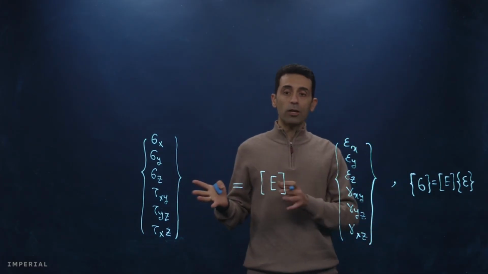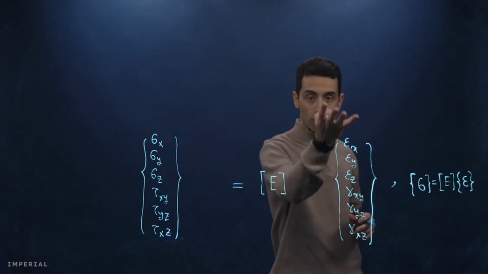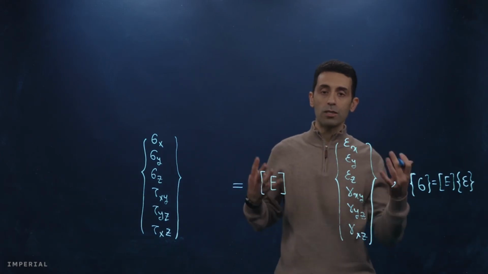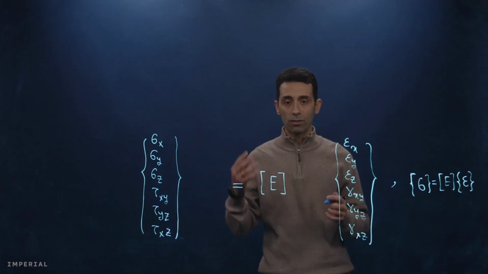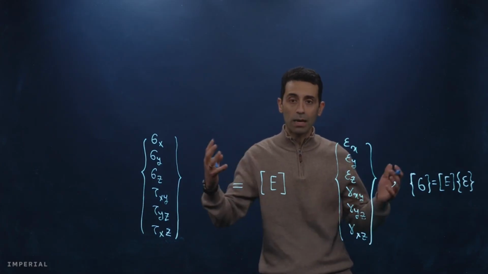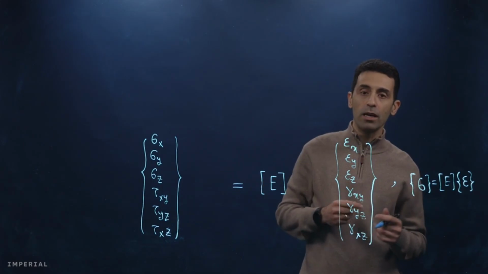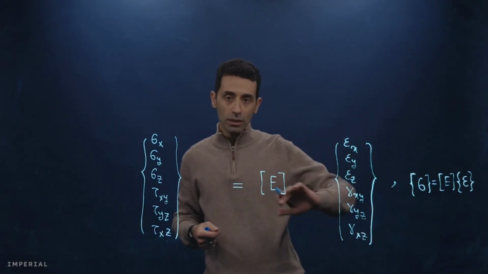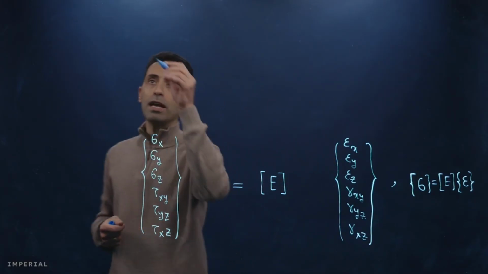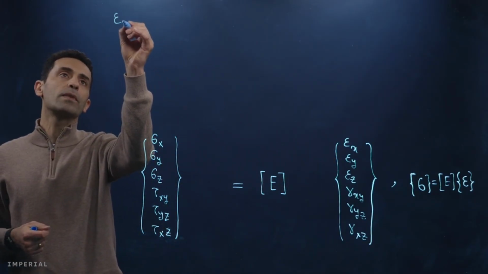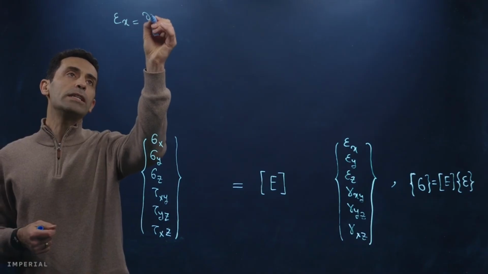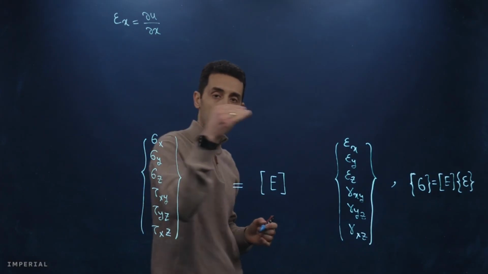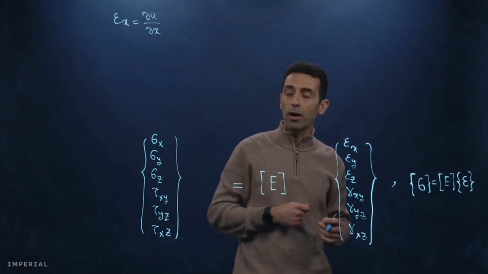But what else we know from solid mechanics is that our strain can be determined by using the displacement field. Displacement field in structural mechanics refers to displacement of every point within our medium in x, y, and z direction, which we often show with u, v, and w. So the way they are linked is that epsilon x is du dx, the derivative of displacement in x direction by x.